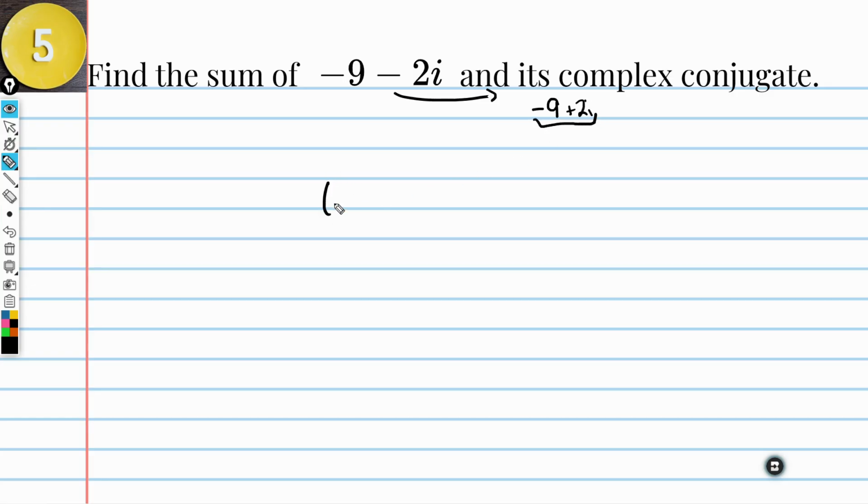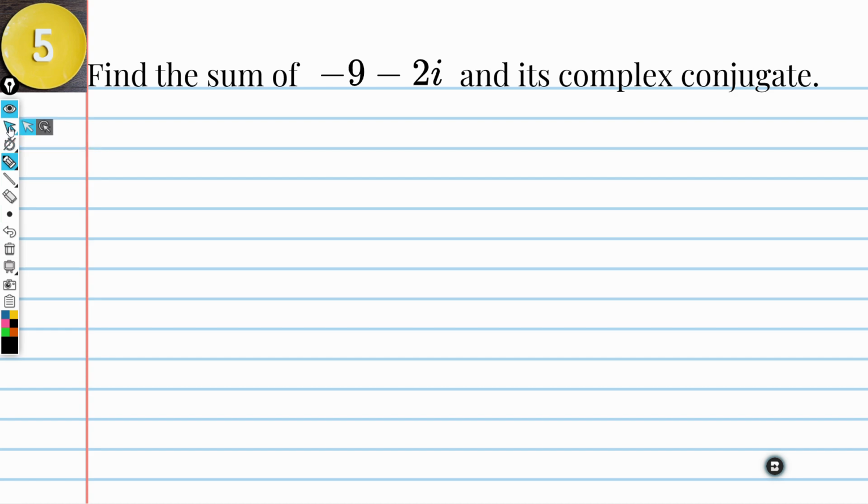And now I'm going to add those two things together. So adding together our real parts gives us negative 18. When I add together our imaginary parts, they cancel out because a negative 2i plus positive 2i cancels.